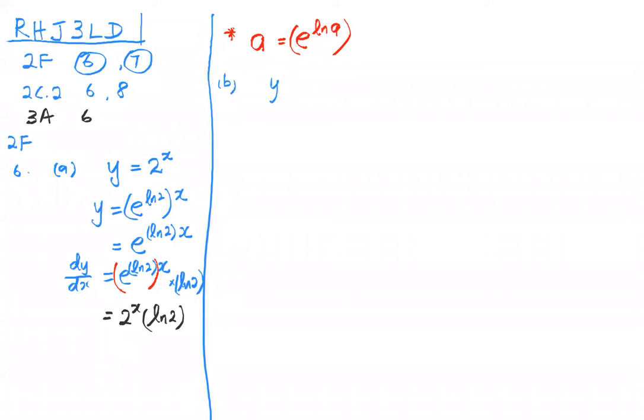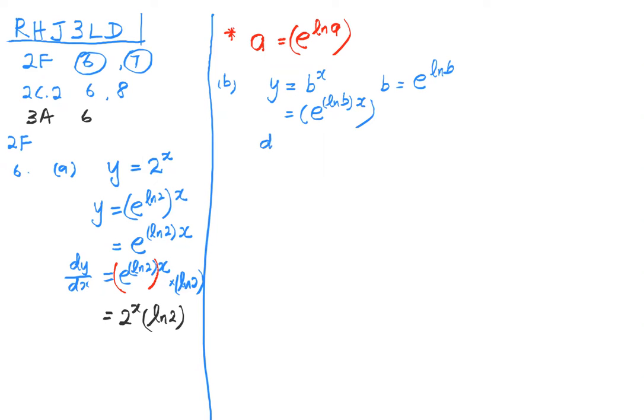So same thing for part B, correct? You will replace this b as e to the power ln b. So I replace with e to the power ln b, then I put the bracket and I write x here. See or not?